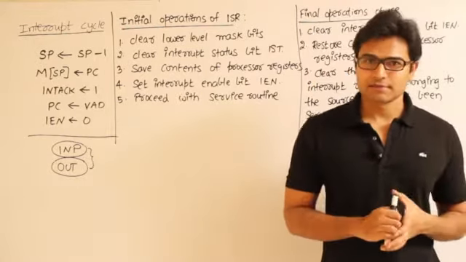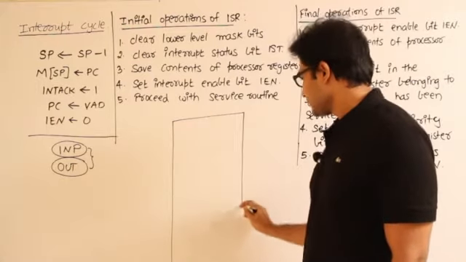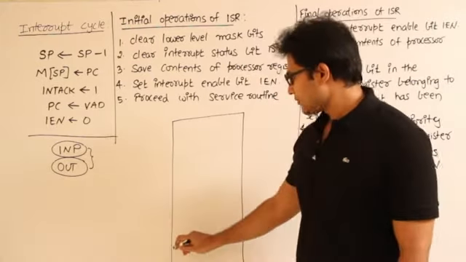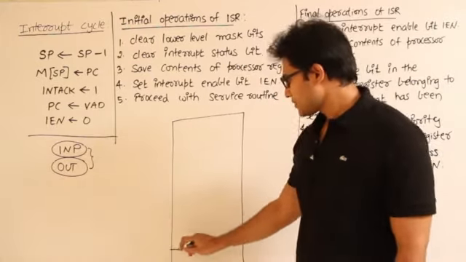In order to understand this SP, that is the stack pointer, you have to understand how the stack is implemented. Now assume that this is the memory. Generally the stack will start somewhere. Let's say this is the stack and it will grow upwards.